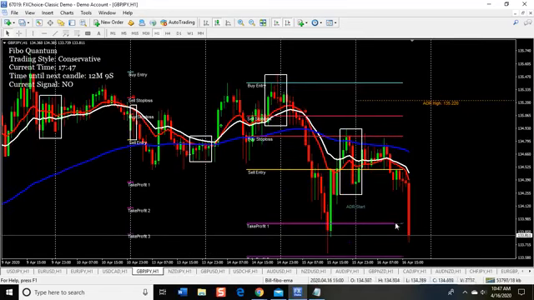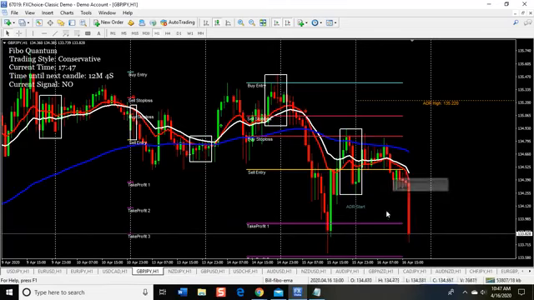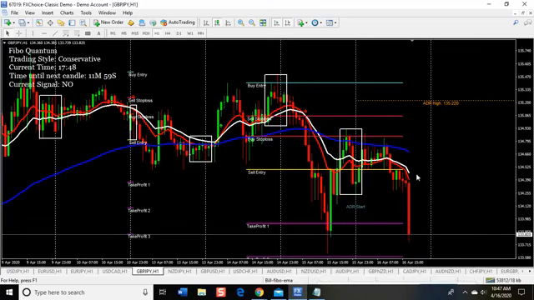GBP JPY. Okay, here's our take profit right here. So we got in this trade earlier today, and right here we got the big candle going down. Now remember, when you see a big move like this, normally it pulls back on the next candle, and that usually goes into a consolidation. So we got out of here at take profit 1, I believe, with over 68 pips or something like that.